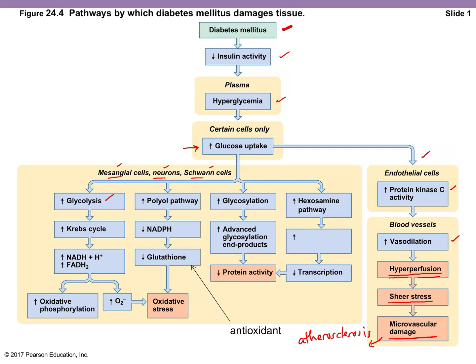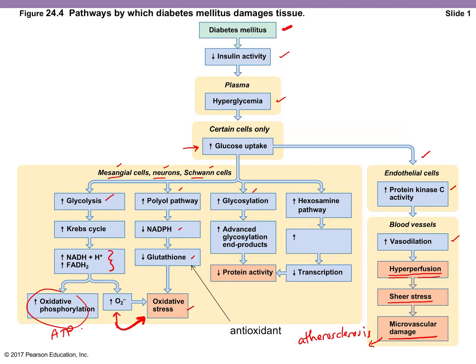Cells will take that glucose and try to make ATP with it through oxidative phosphorylation. However, remember, we're overloading our electron carriers in the electron transport chain, and we're making superoxide species, these reactive oxygen species, leading to oxidative stress. The polyol pathway is going to take place. It's going to decrease the amount of NADPH. This is going to decrease the amount of antioxidant that we can make, and that's going to lead to unchecked oxidative stress. We have glycosylation.